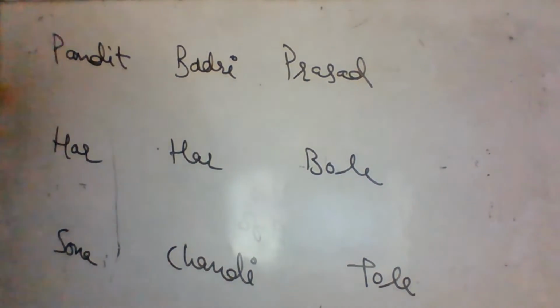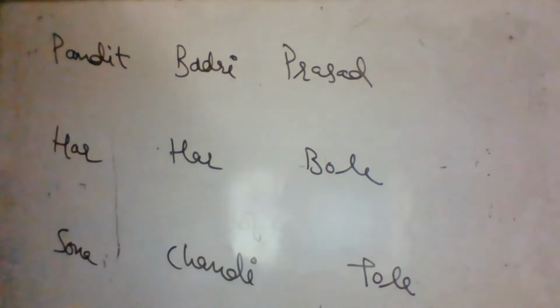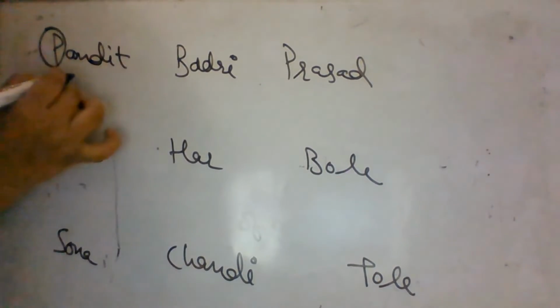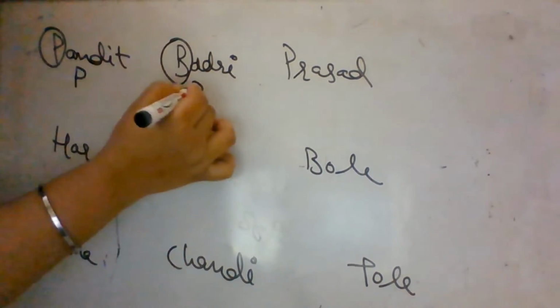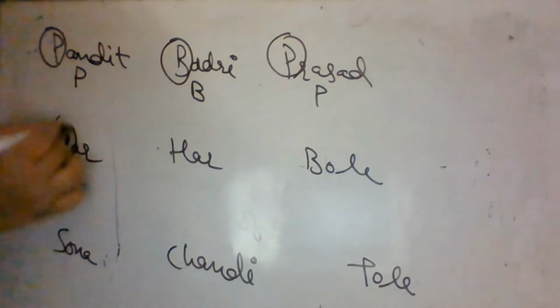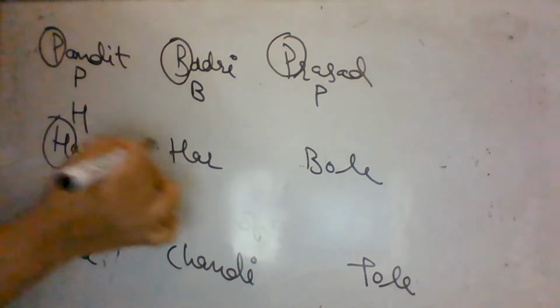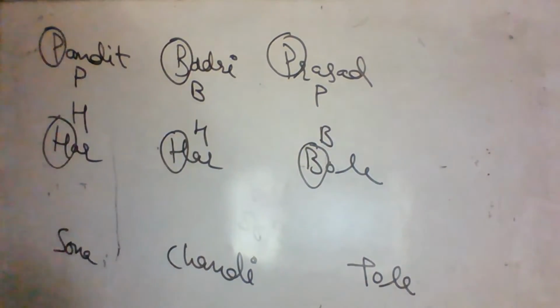Please understand this. So Pandit Badri Prasad har har bole, sona chandi tole. And this is very easy. So this P stands for nothing but perpendicular. B stands for nothing but base. This P again perpendicular. Then we have H, and B. Right?